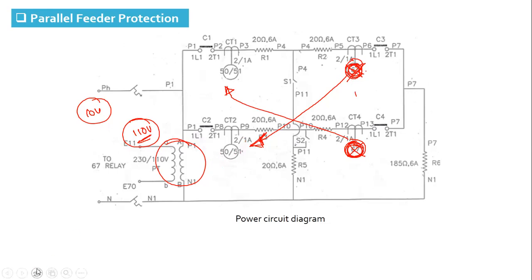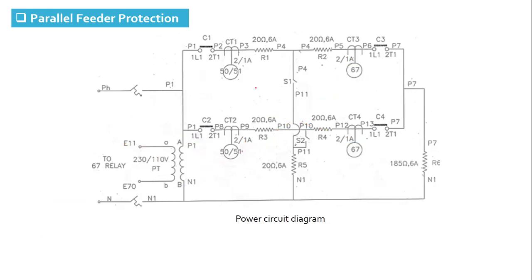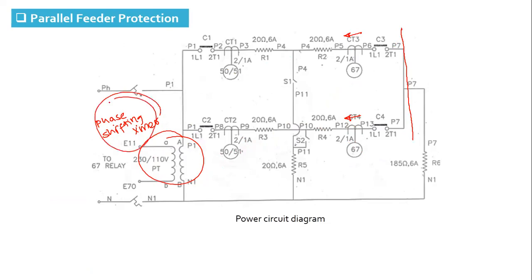And the third thing that we are going to check here is, using the phase shifting transformer, intentionally, actual operating direction of the directional relay is always away from the bus. But intentionally, we are going to phase shift the input given to the relay in such a way that the relay operating direction will be reversed, which is not the case in the field.